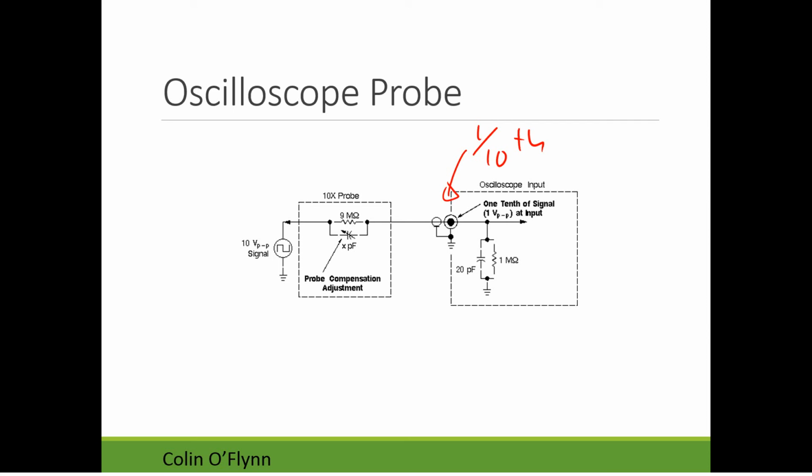So if you measure 10 volts, it's 1 volt on the scope. Because this is so common, scopes have a mode that multiplies all the voltages by 10 when they display them. Sometimes you have to tell the oscilloscope that that's what you've done.